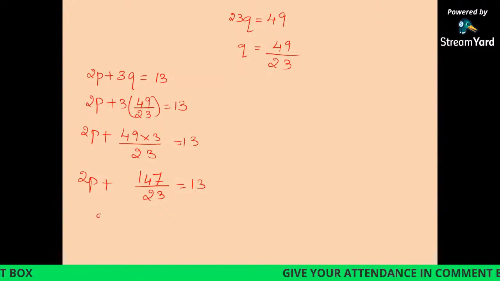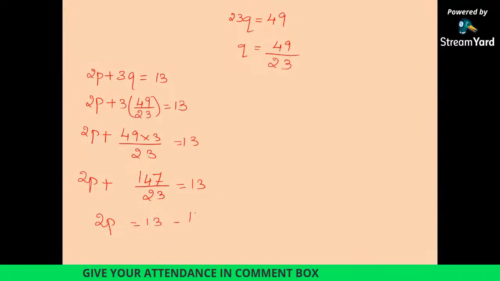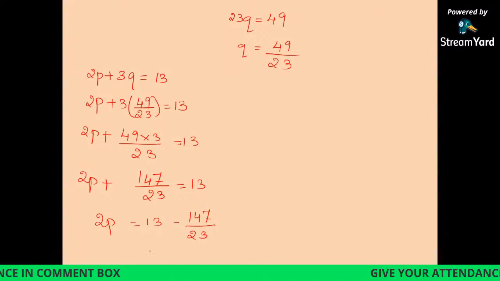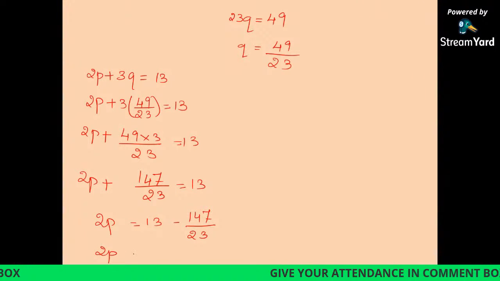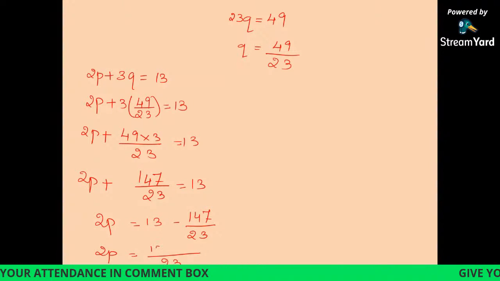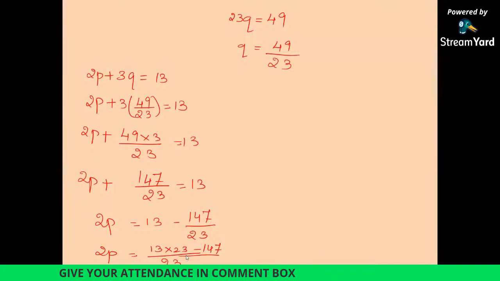At last we are going to get 2p is equal to 13 minus 147 divided by 23. Then if you take the LCM, you are going to get 23 as LCM, then 13 into 23 minus 147. What should be your answer here?